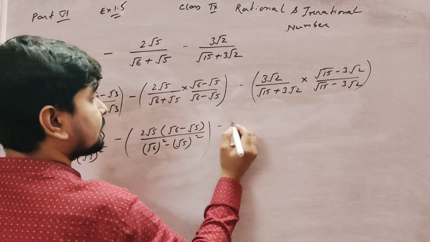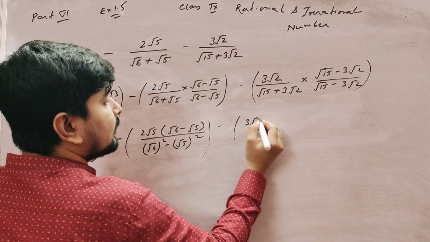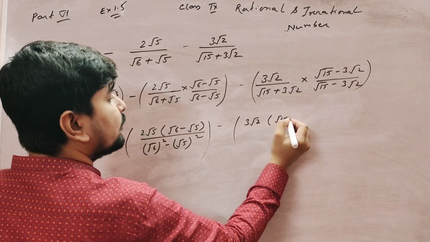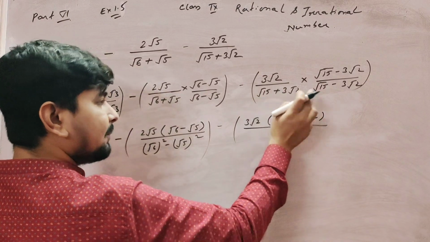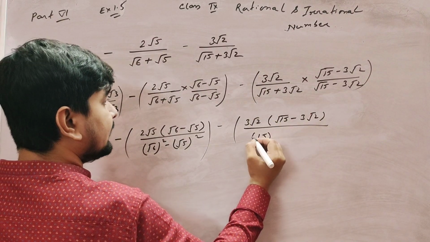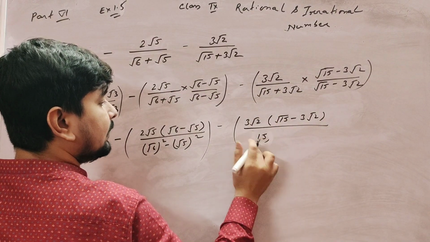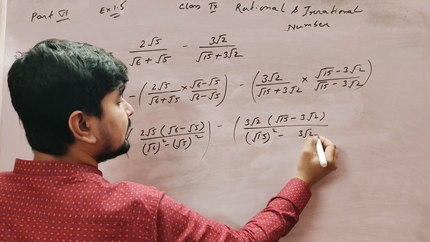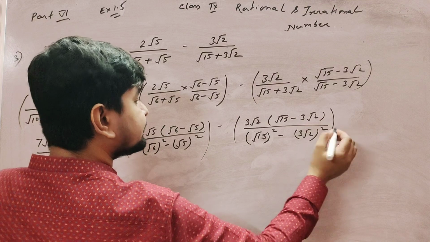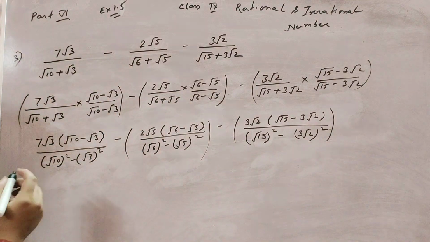Clear? 3 root 2 upon root 15 minus 3 root 2, by a plus b, a minus b, that is root 15 square minus 3 root 2 square. Clear?